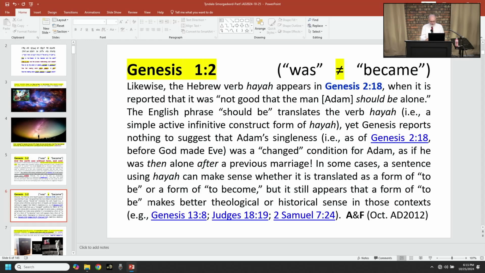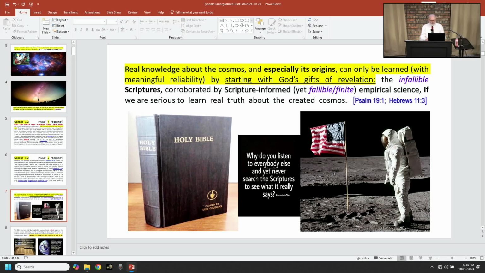And there are other examples of hayah where it's obvious that being is the meaning of that verb, not becoming. Well, that goes back to a very basic truth that we need to always respect, and many people do not.